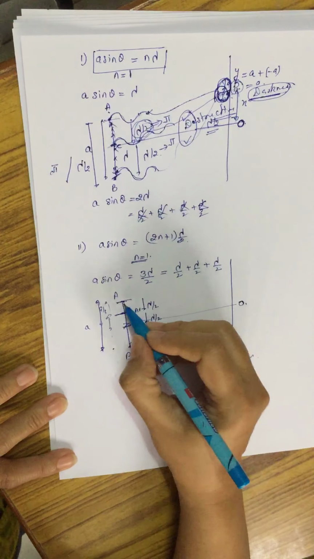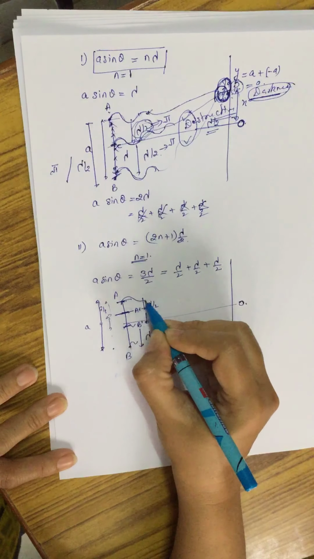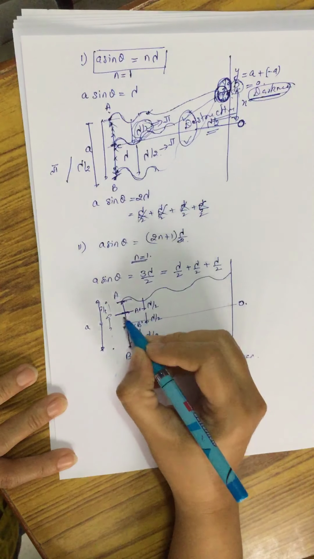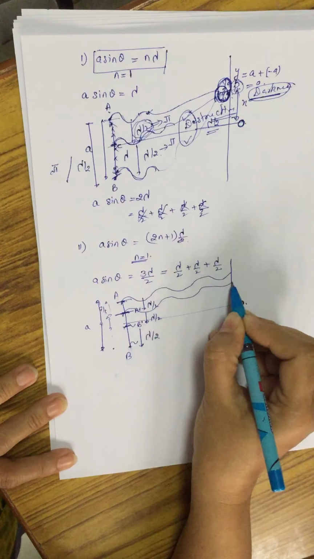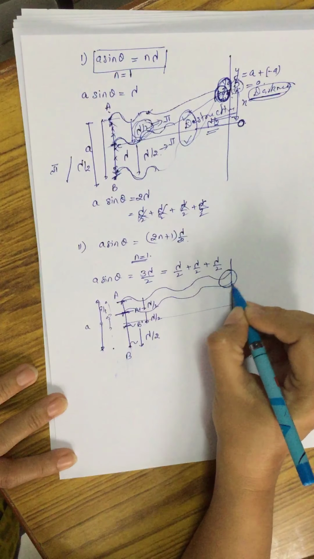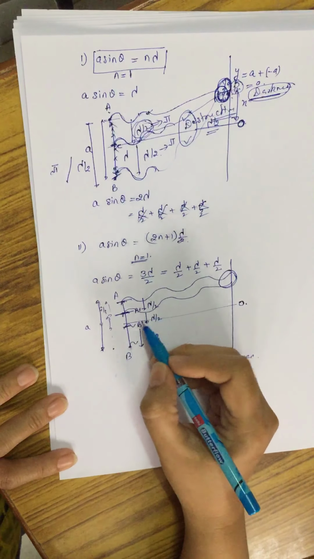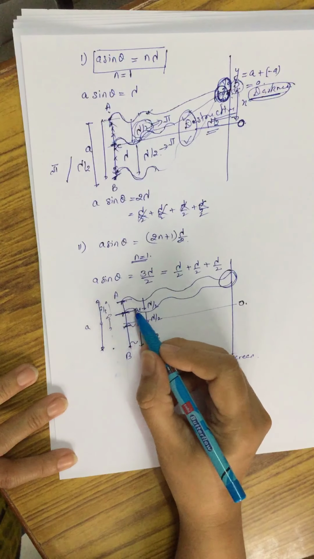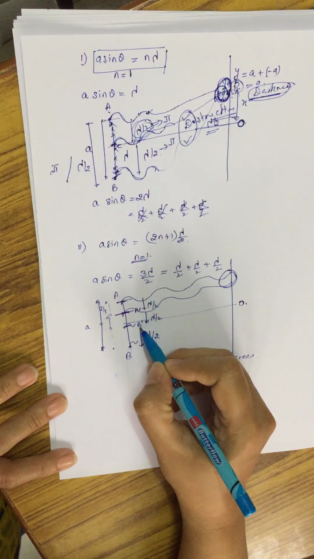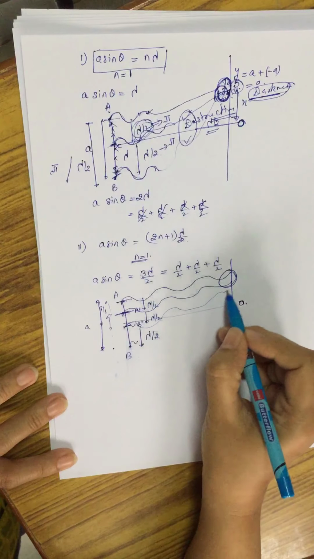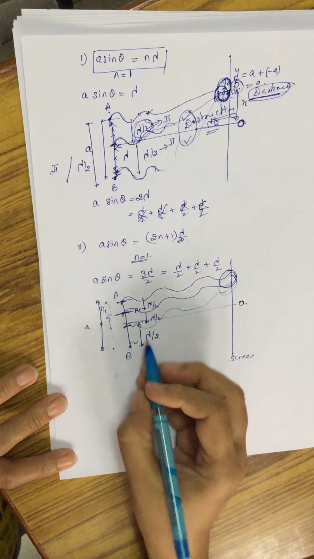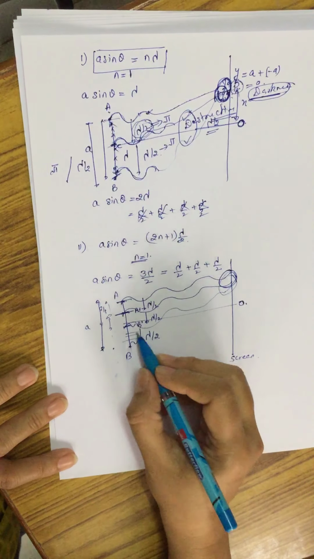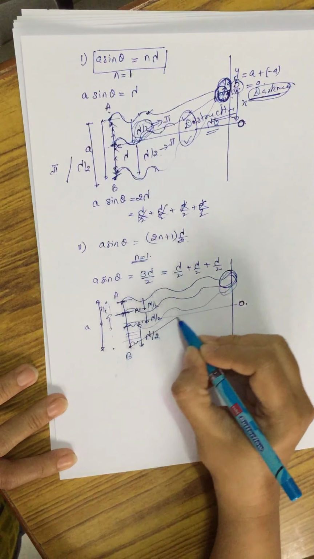We will find out that the wave which is coming from A and the wave which is coming from A dash will destructively interfere. The wave which is coming from A dash and from B dash will also destructively interfere, but this part is not interfering with any other part.